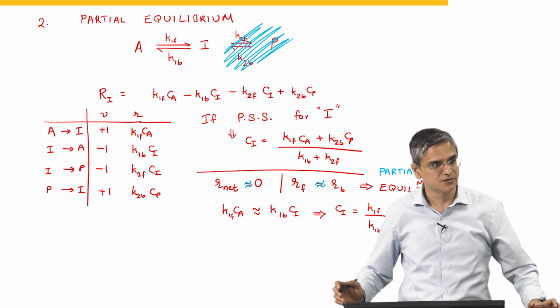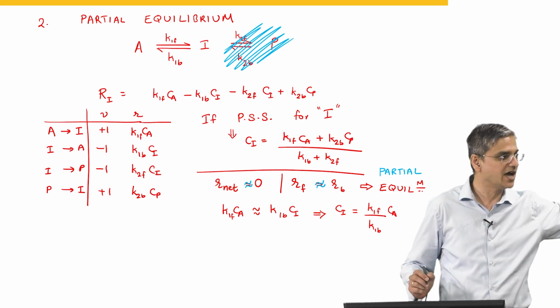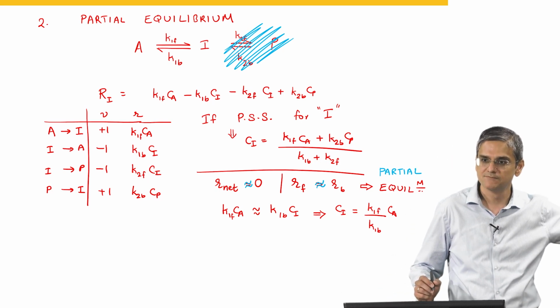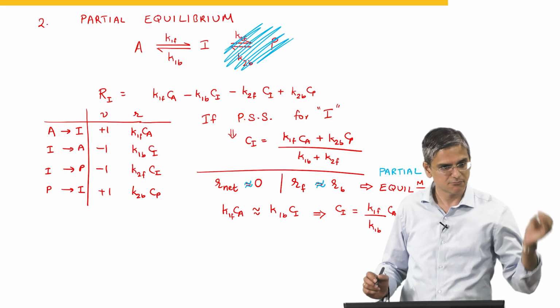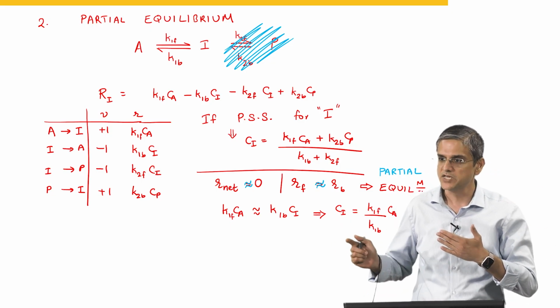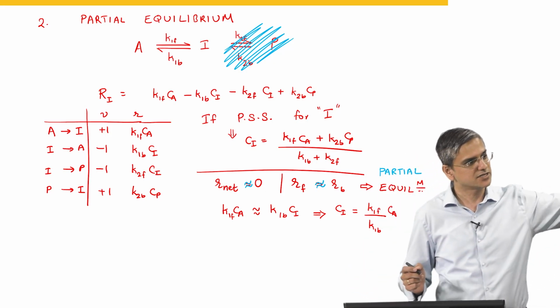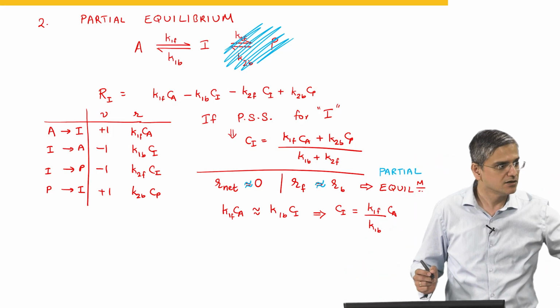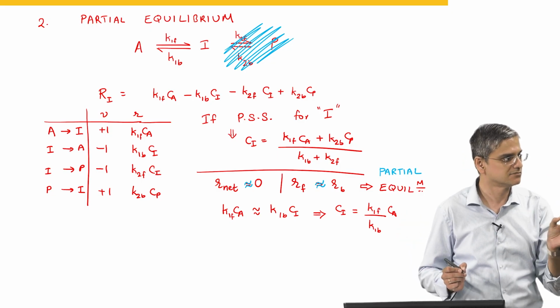If it was equilibrium, A would convert to I in the same way I would convert back to A. Okay. But some of I is being taken away in forming of P. So, A will convert to I, I will convert back to A, but not exactly, just a little bit lesser.